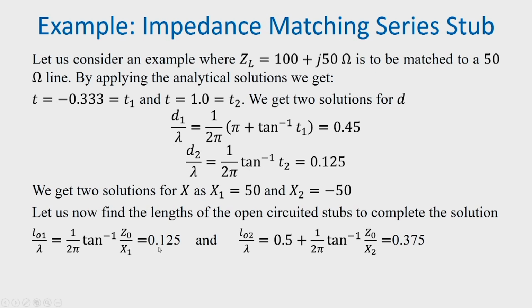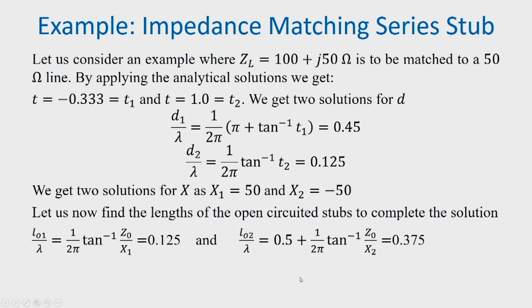So, one stub is 0.125 lambda and the other stub is 0.375 lambda, and the matching can be obtained by placing these stubs at the locations what we have calculated.